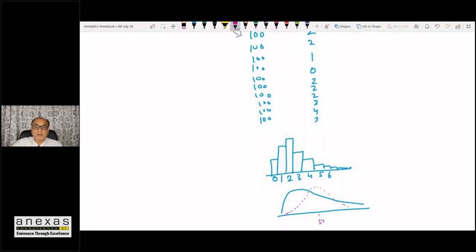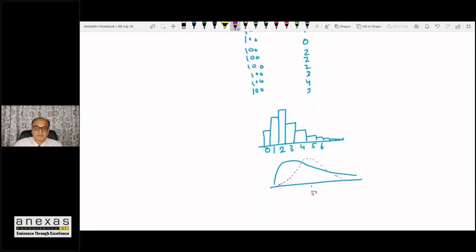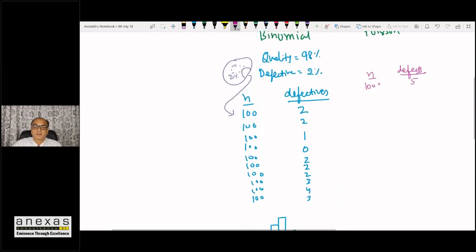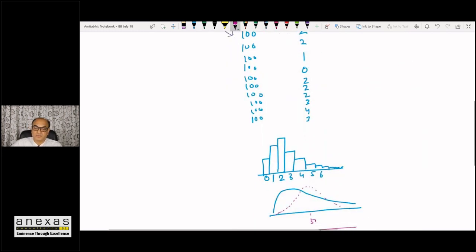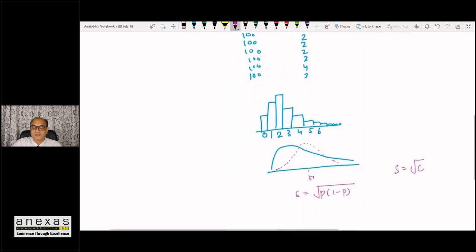The standard deviation for binomial distribution is the square root of P into 1 minus P, where P is the average proportion of defectives. And the standard deviation for Poisson distribution is the square root of C, where C is the average number of defects.